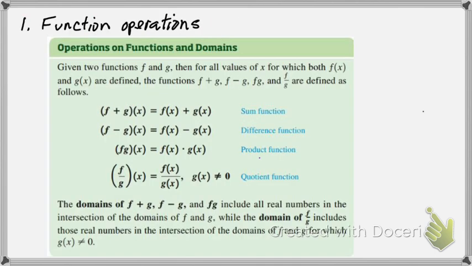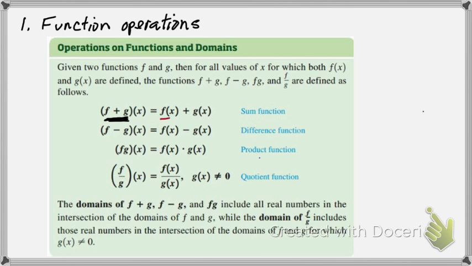Now, this is in the textbook. Let me just point out, don't write it down. It's in the textbook. Let me just point out a couple of things. It's saying we have two functions, f and g. We can add them. And notice what it's saying there about that. If we add two functions, look at the notation. It looks like that.